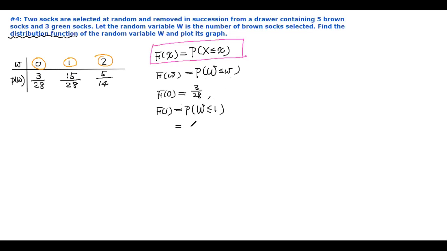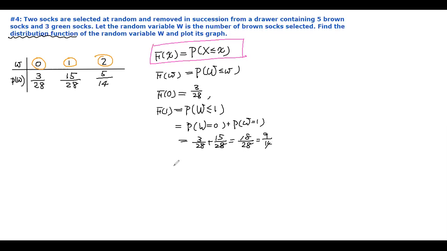That means the probability W equals 0 plus the probability W equals 1. So I have 3/28 plus 15/28, which is 18/28 or 9/14.